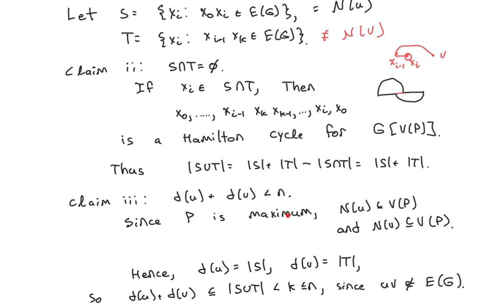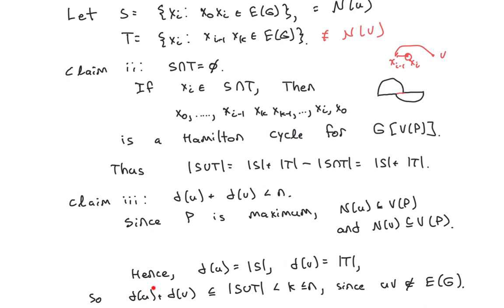Since p is a maximum path, all the neighbors of u are on the path, and all the neighbors of v are also on the path. As discussed, the neighborhood of u is S, so the degree of u is also the size of S. On the other hand, since every vertex in T is one to the left of a neighbor of V, it follows that the size of T is also equal to the degree of V.